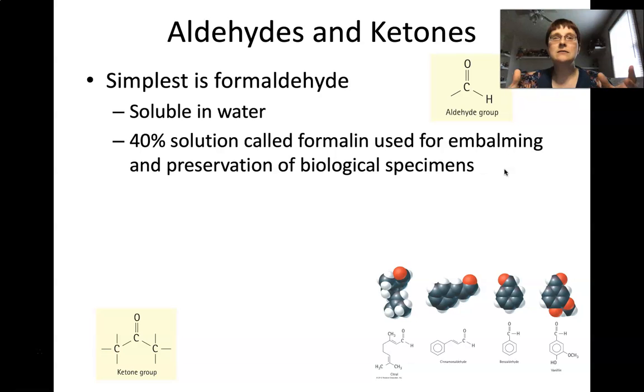That means that it keeps the tissues pretty much in the same shape and form that they were at the time that the organism was preserved, and it keeps them from degrading any farther. So that way you can study them for a longer period of time. There are also new procedures that tie together both formalin and plasticization, which is injecting plastics into tissues so that we can preserve them for longer periods of time as well.